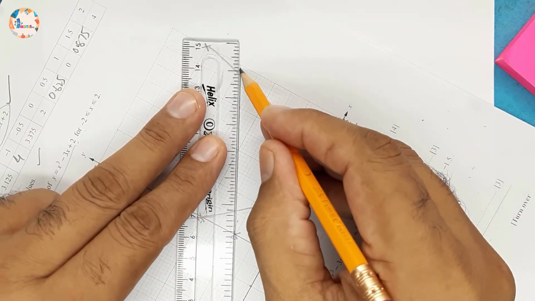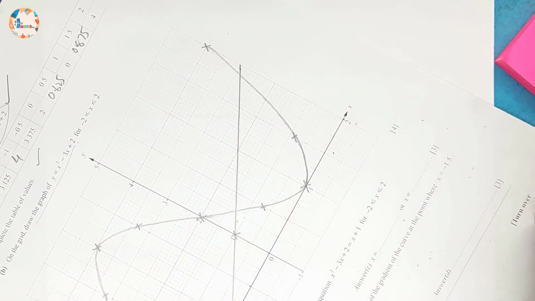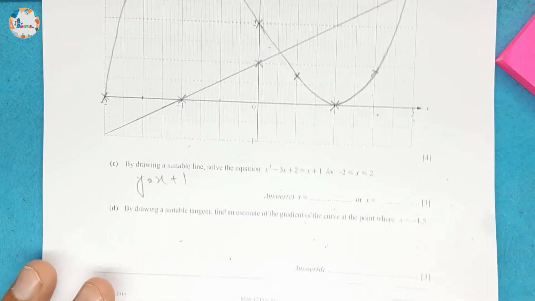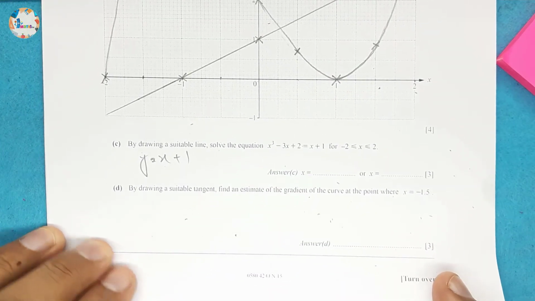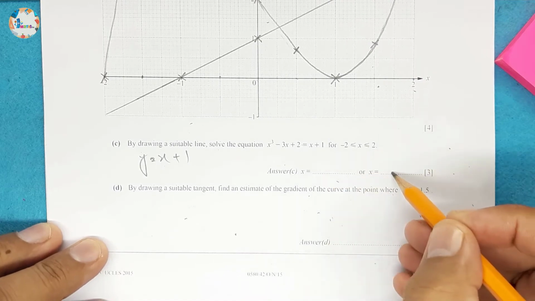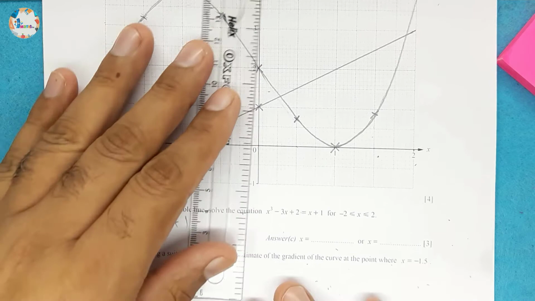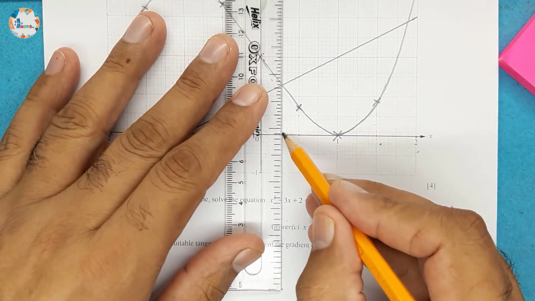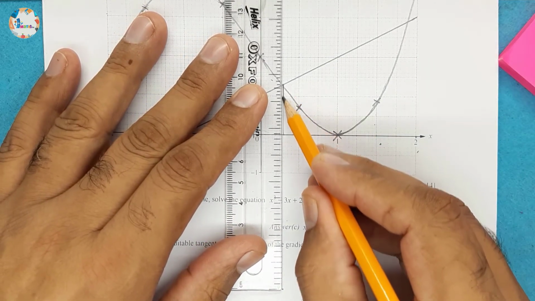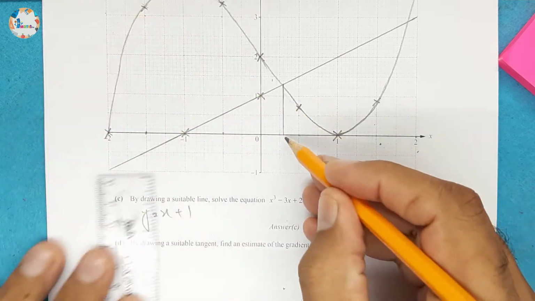So this is done. This line is plotted. By drawing a suitable tangent, so we need these two values, basically x values are required. So for C part we will check the reference for this x value. So this point is point of intersection.